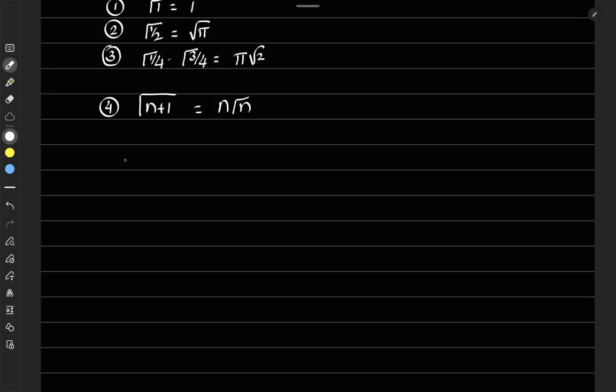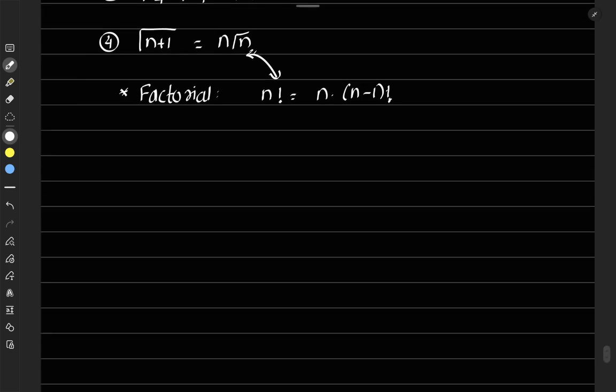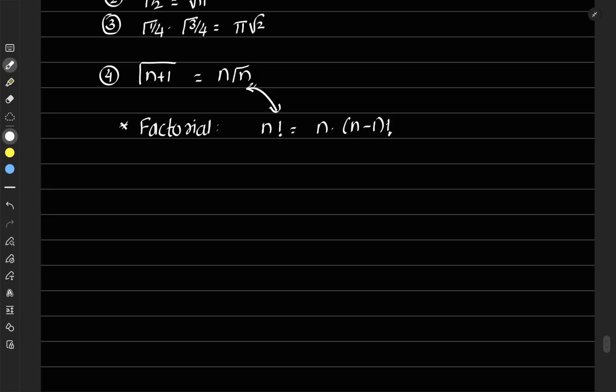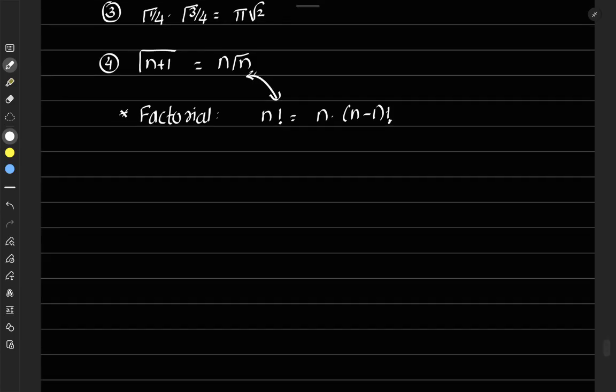Notice that in factorial we had n factorial is equal to n into n minus 1 factorial. So notice the similarity between these two. This is why we call the gamma function the generalized factorial function.